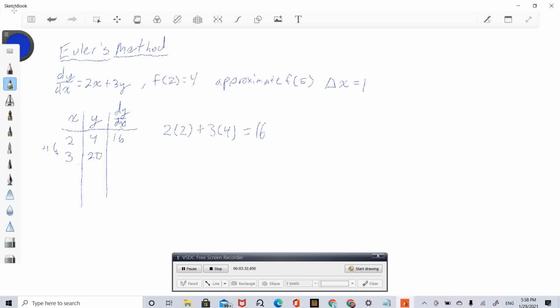So it's 2 times 3 plus 3 times 20, which is 6 plus 60, so it's 66. So our approximation for the slope here is 66.